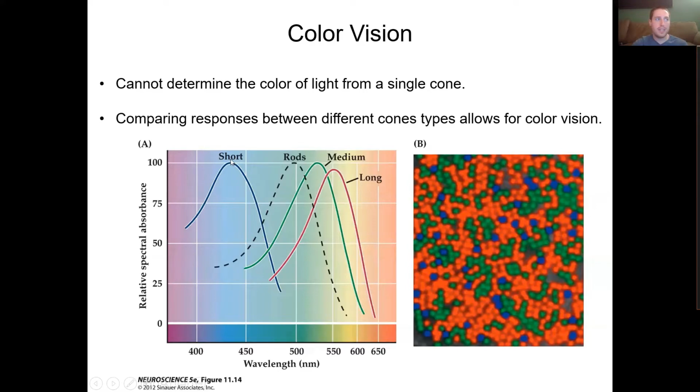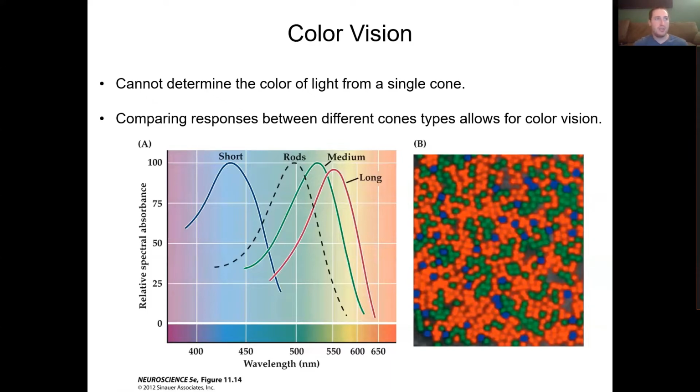Or maybe it was a really dim light in this blue range, this optimal range, and it gave you a medium response just because the light was dim, even though it was of the best color. So you really can't tell the color of the stimulus from a single type of opsin.